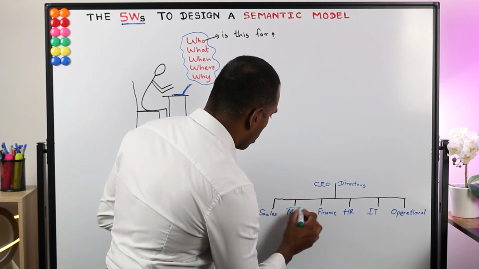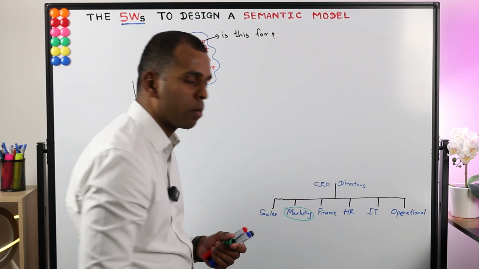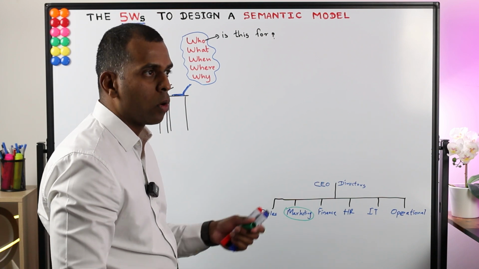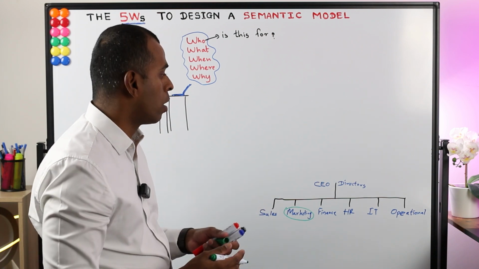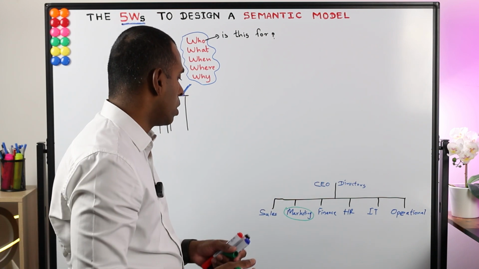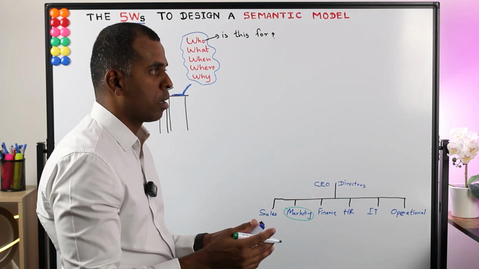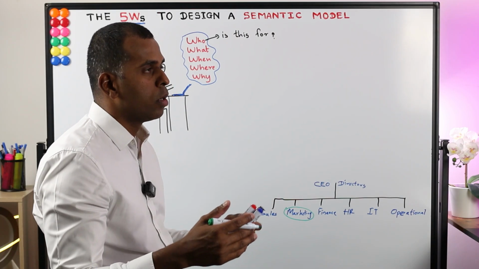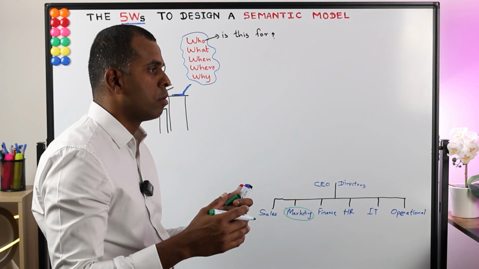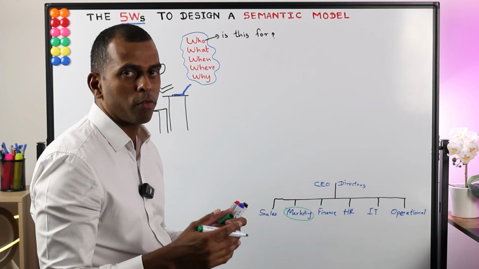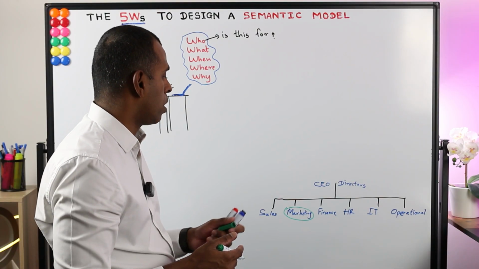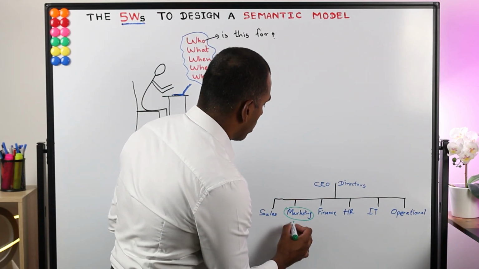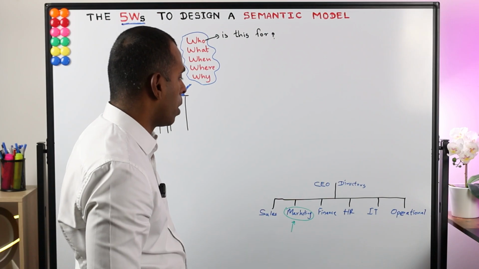Let's say you are making a Power BI project for the marketing department, the head of marketing. You don't need to get all the data of the company. You just need very limited data that is relevant to the marketing department. Maybe you will have to get quite a bit less data from the other departments, but more likely you need data related to the marketing department, right?